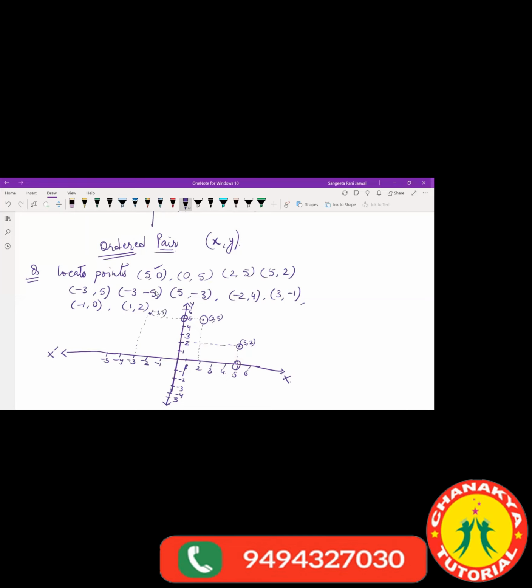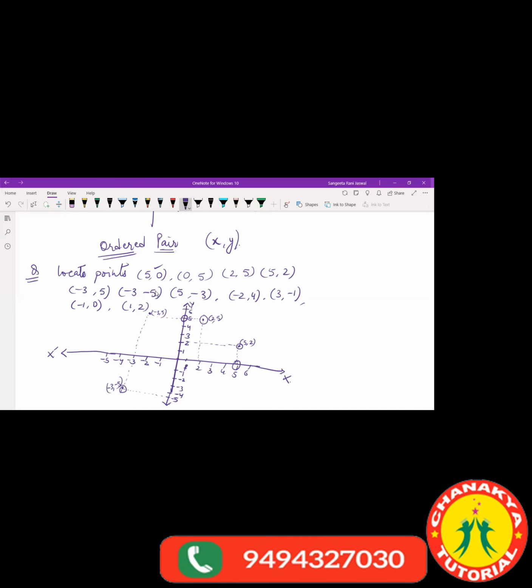Then you have minus 3, minus 5. The quadrant where you have both negative, that is the third quadrant, minus 3 and minus 5 here. So this point is minus 3, minus 5. Right? So in the same way you can locate all these points. I have done some points for you, and similarly you can locate.